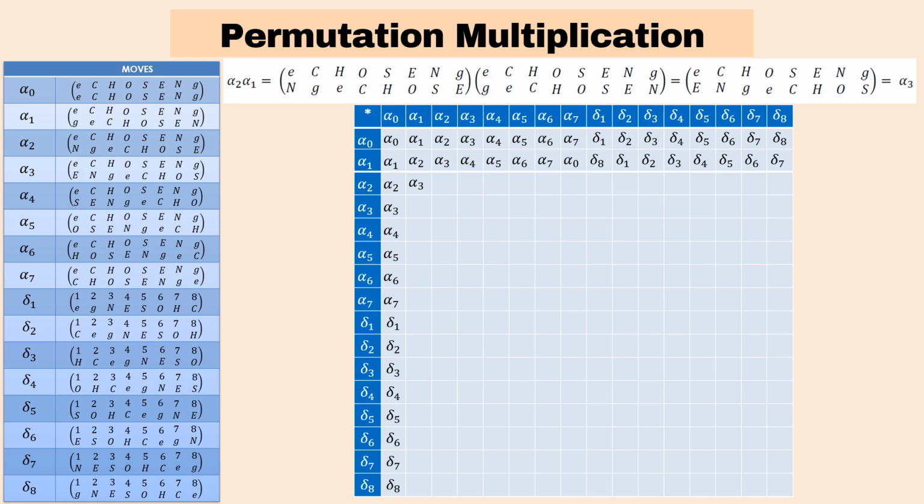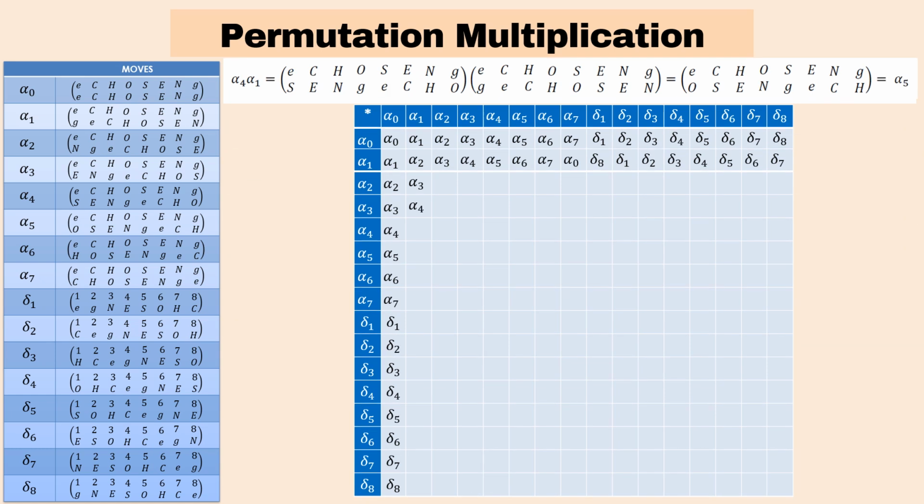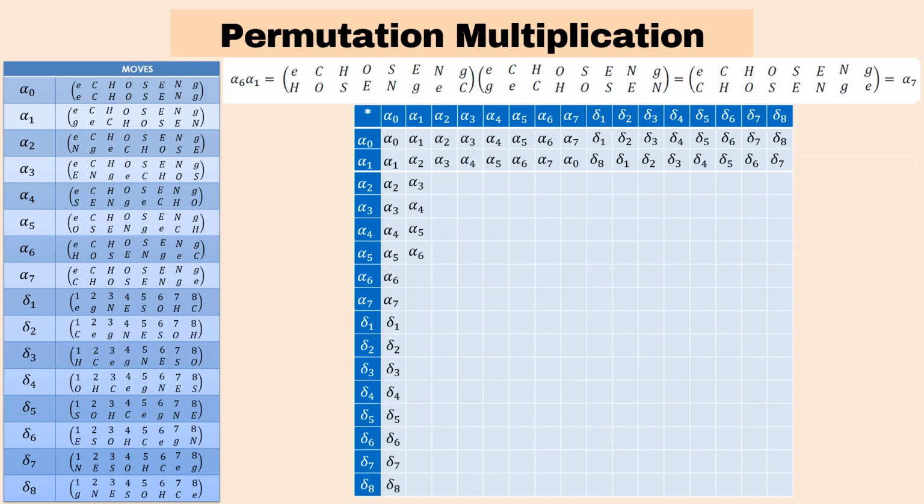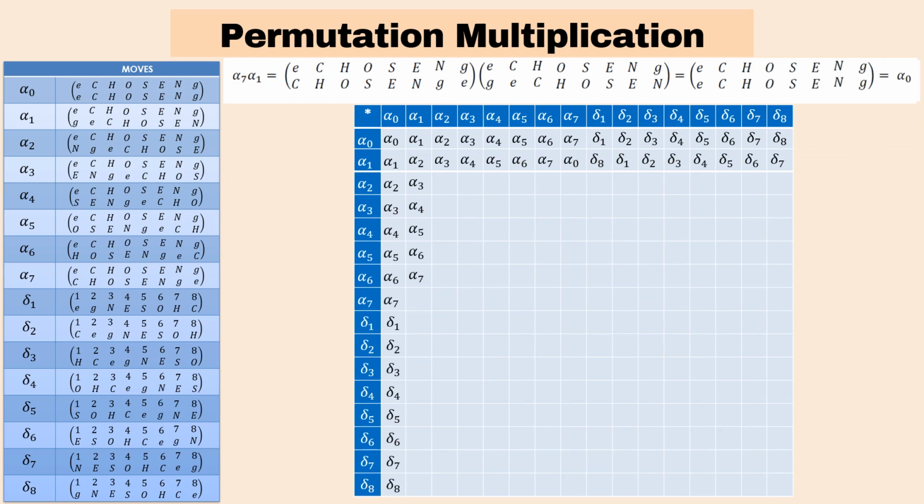So, alpha sub 2, alpha sub 1 is equal to alpha sub 3. Alpha sub 3, alpha sub 1 is equal to alpha sub 4. Alpha sub 4, alpha sub 1 is equal to alpha sub 5. Alpha sub 5, alpha sub 1 is equal to alpha sub 6. Alpha sub 6, alpha sub 1 is equal to alpha sub 7. Alpha sub 7, alpha sub 1 is equal to alpha sub 0.